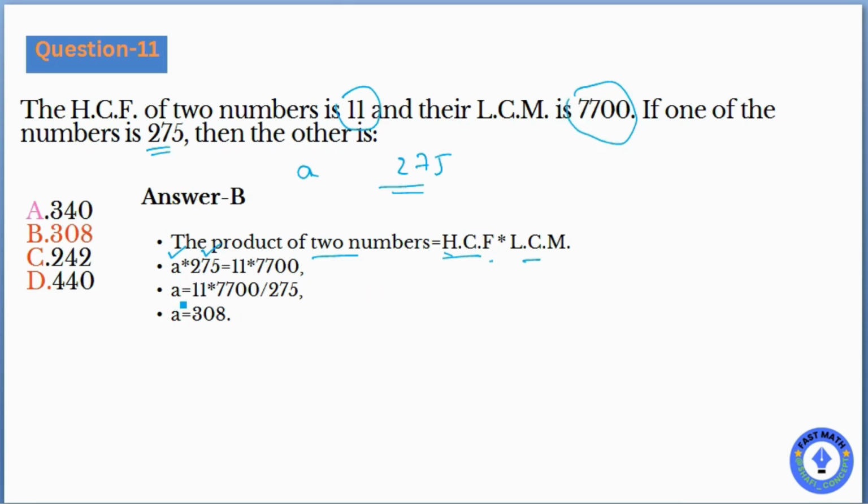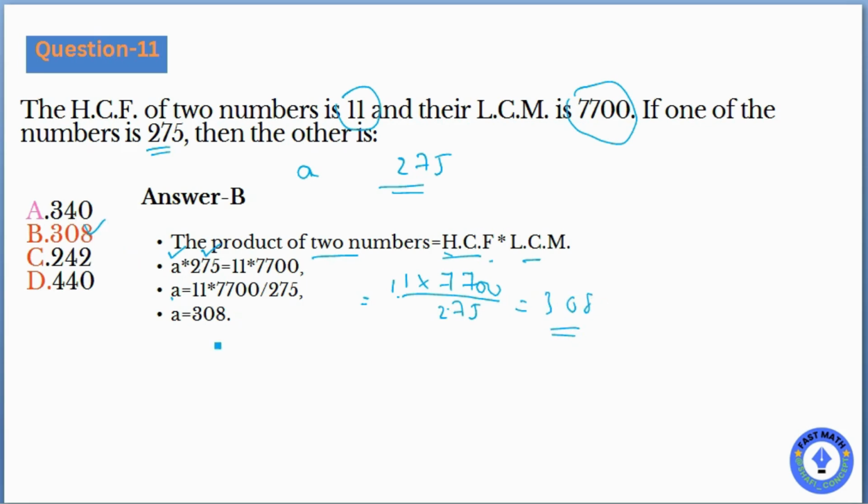When solving, A is equal to 11 into 7700 divided by 275. The answer is 308.